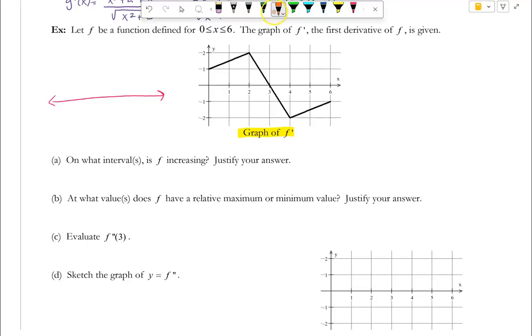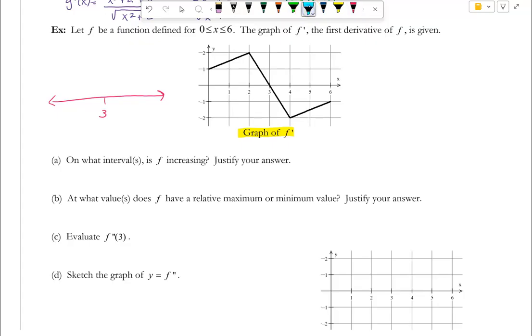And there's no spot where my derivative does not exist between 1 and 6. There is, however, one place where x is equal to 3 where my derivative is 0. So I am going to just put 3 on my number line.